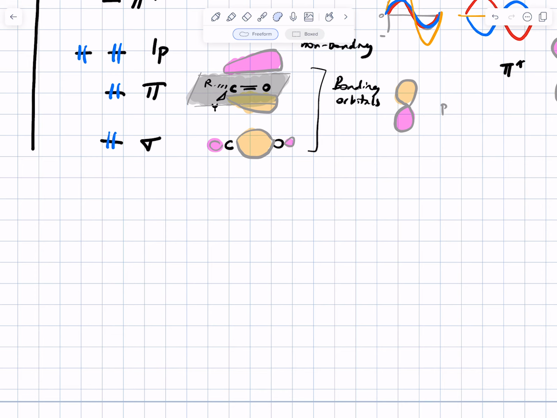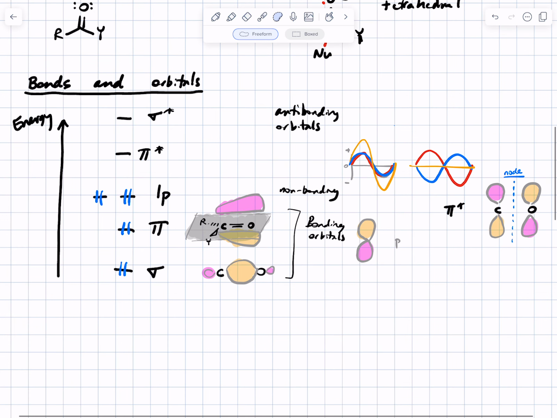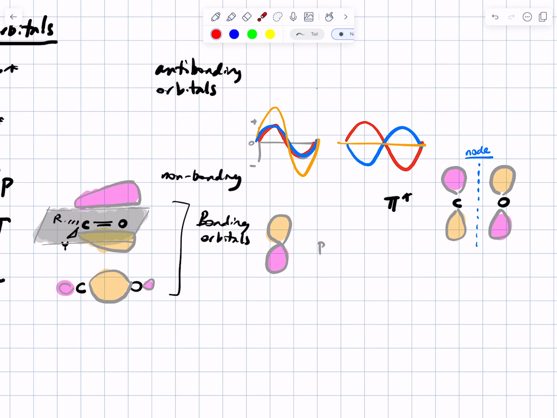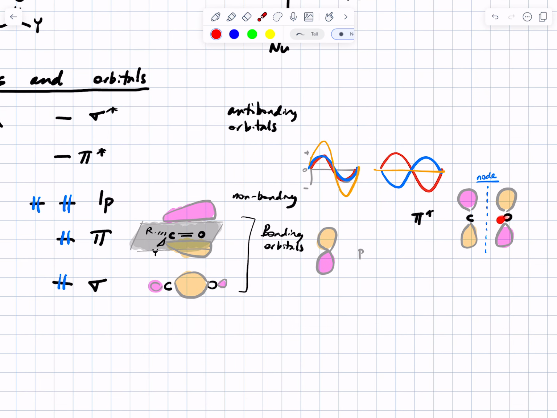And that's really important. And we're going to go there with the pi and the pi star in just a second. Before we do, there's one more thing I need to say about the pi star, because its shape is not exactly like this. The effect of oxygen's electronegativity has an effect on the pi star just as it did on the shape of the pi orbital.